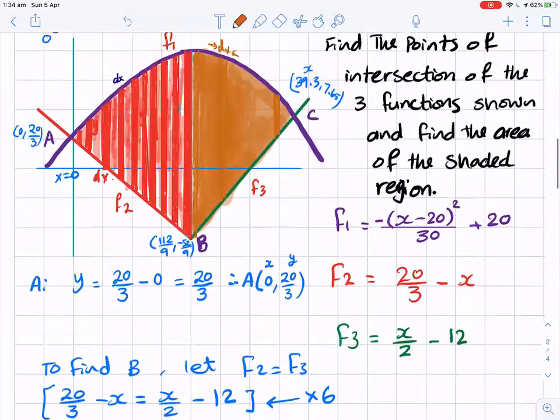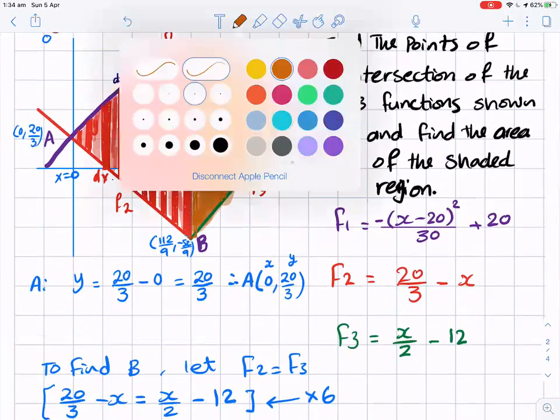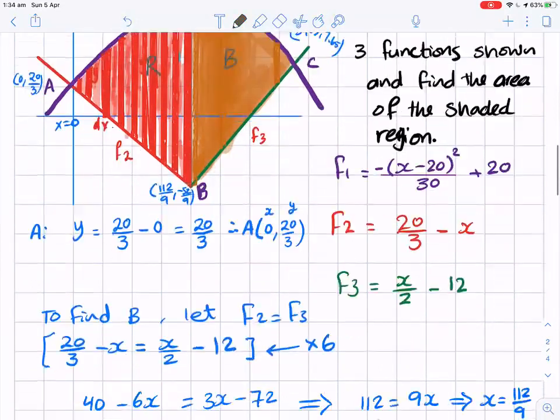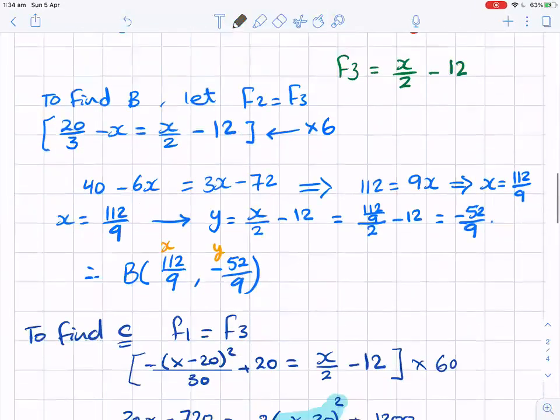Yeah, I'll call this B, and this is red. Well, you know that. This is just to explain for you, anyway.